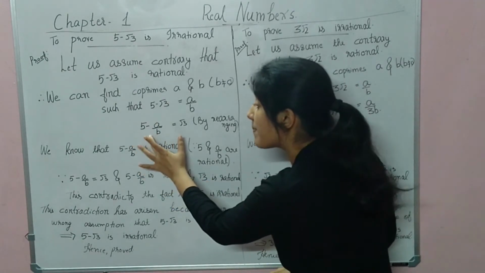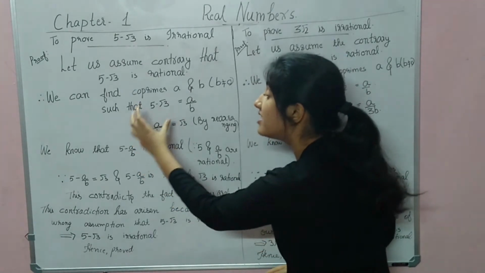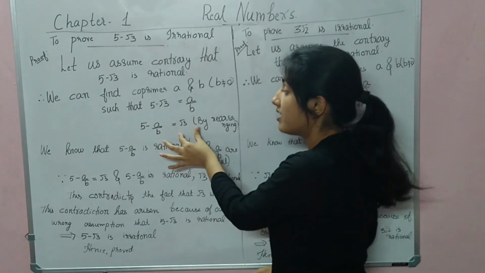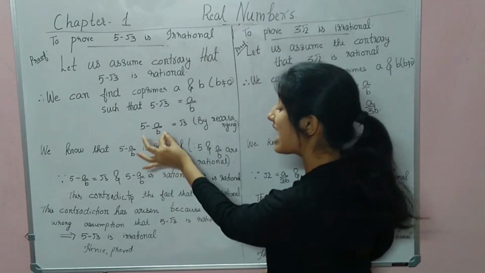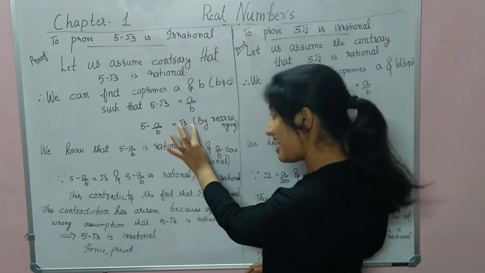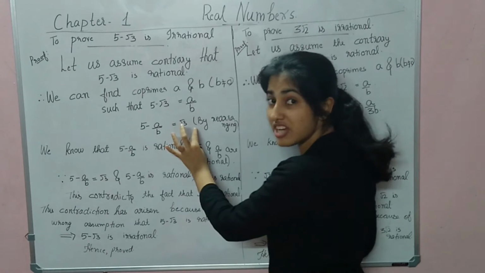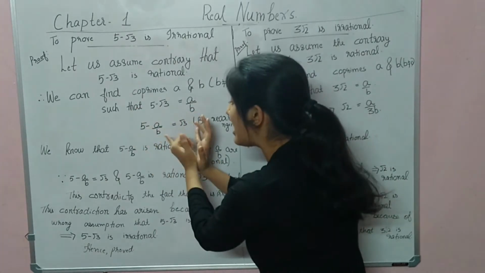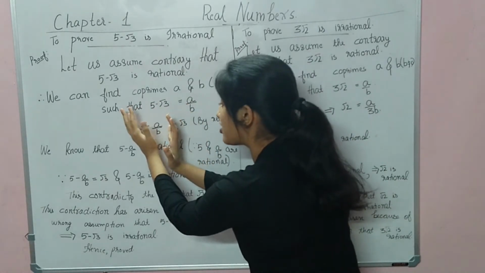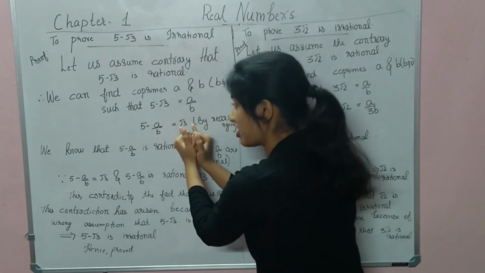So 5 minus a by b is rational and this is equal to root 3. Since 5 minus a by b equals root 3 and this is rational, this should also be rational.